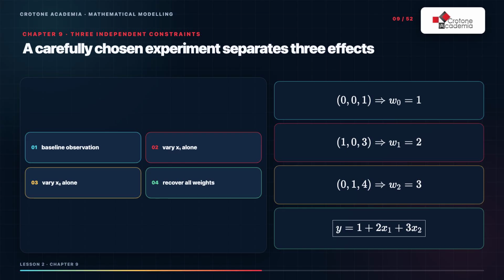Finally, set x2 to 1 while x1 remains 0, and observe y equals 4. That isolates w2, giving 3. The resulting model is y equals 1 plus 2x1 plus 3x2. These observations were not merely numerous enough. Their variation separated the three-parameter effects. This is a miniature example of experimental design.